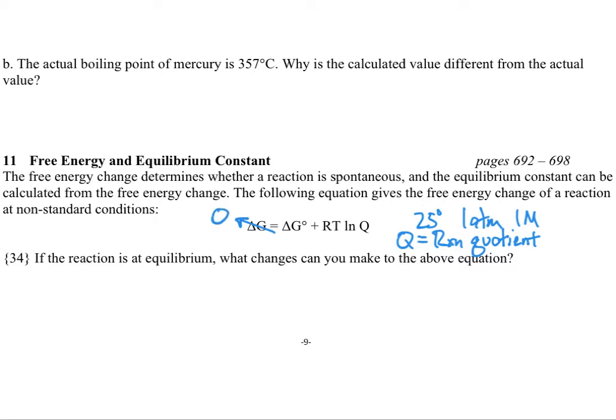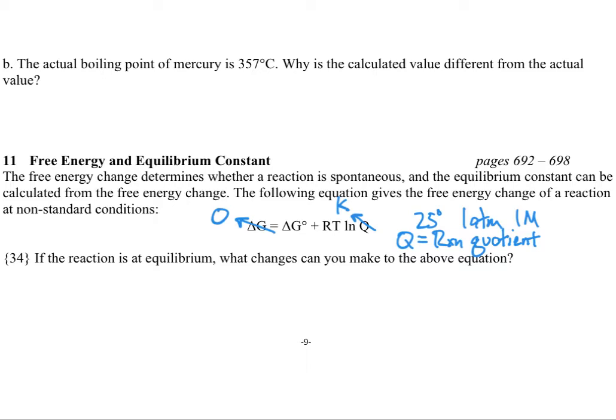So the chemist's delta G, for the particular temperature and the particular ratio of products to reactants that we are creating in our system, it's the delta G without the superscript 0 that's going to go to 0. And of course, the letter Q, the reaction quotient, will be replaced with the letter capital K because we're now at equilibrium.